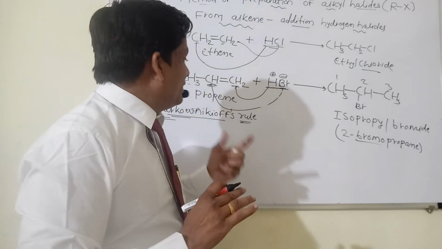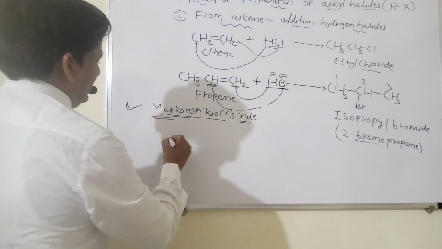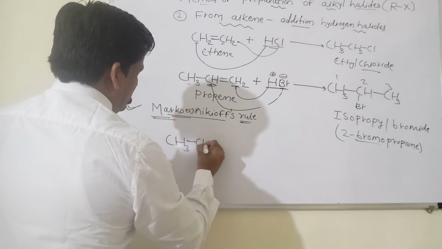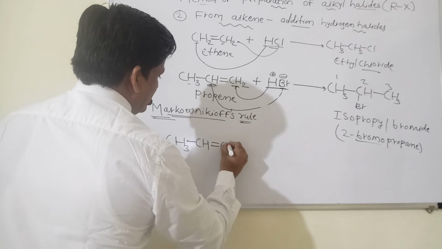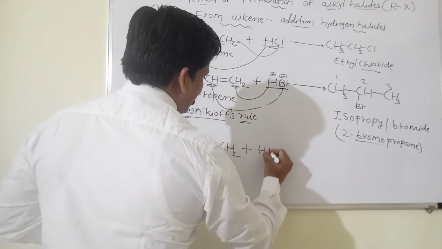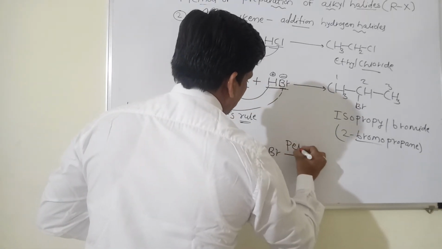So what is the anti-Markownikoff rule? If you see the same reaction, CH3 CH double bond CH2, with the same reagent HBr, but here we use peroxide.